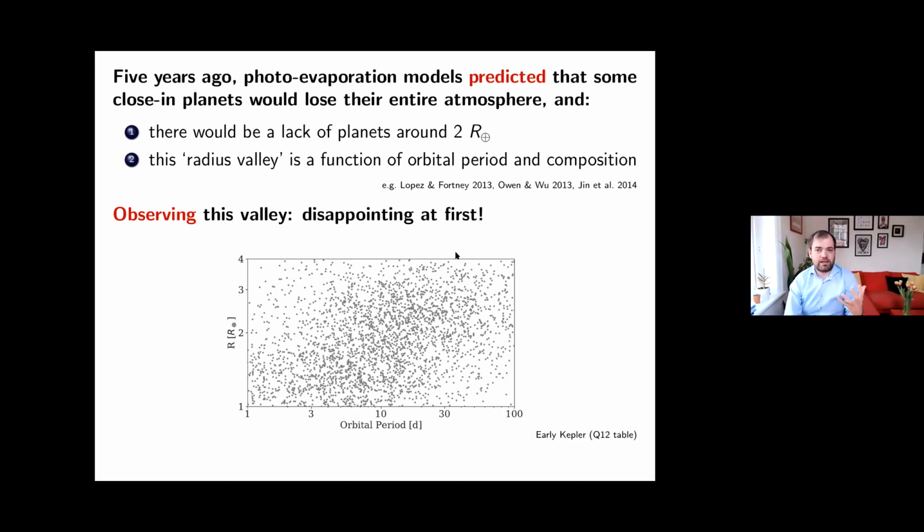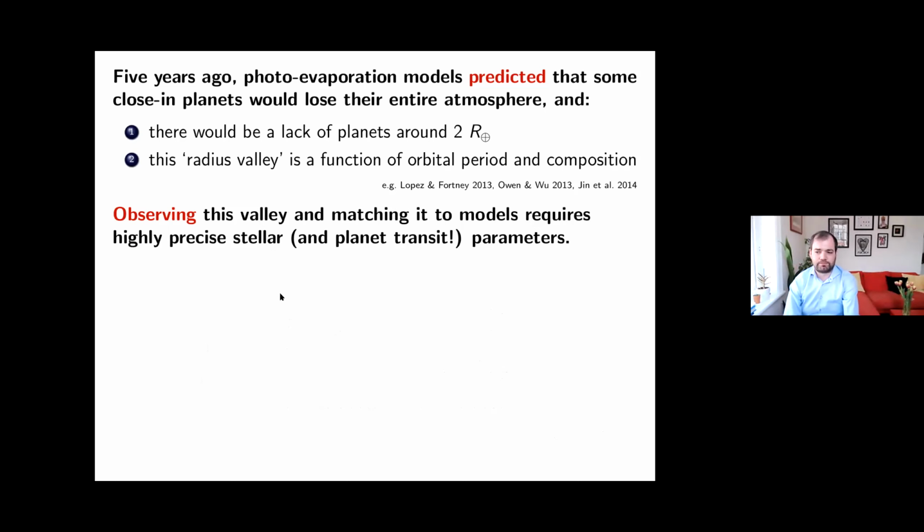Because what was really happening here is that we didn't know the size of these planets very well, largely because we were limited by how well we knew the stars, not how well we could measure the transits. And that's because, of course, we're measuring a relative size, we're measuring a transit, we're measuring the ratio of size of a planet to size of a star. And so as a result, the lower limit of how well you know a planet is how well you know the size of the star.